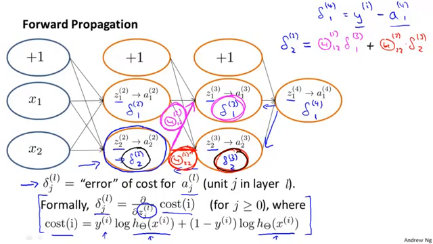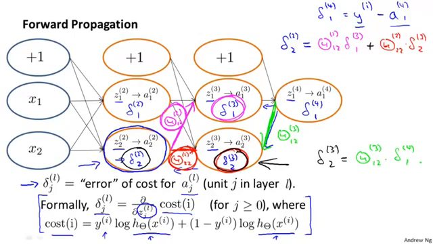How do we get that value? Well, it's a similar process. If this weight, which I'm going to highlight in green, is theta 3 of 1,2, then delta 3,2 is going to be equal to that green weight, theta 3 of 1,2, times delta 4,1.